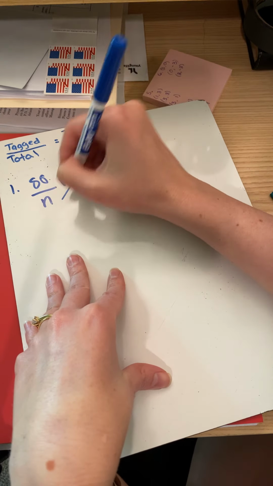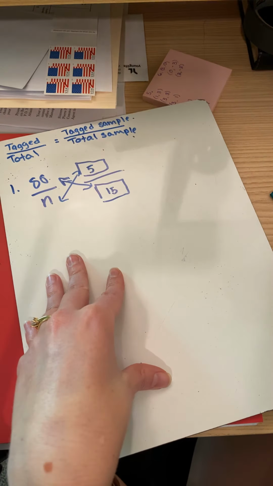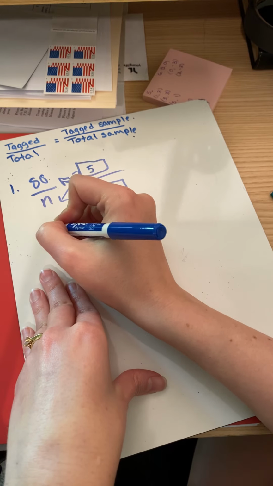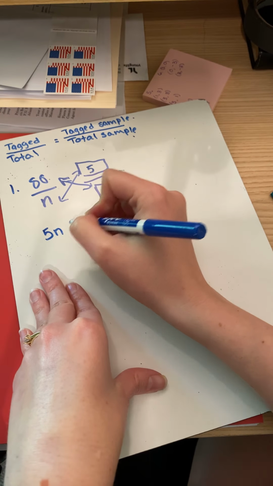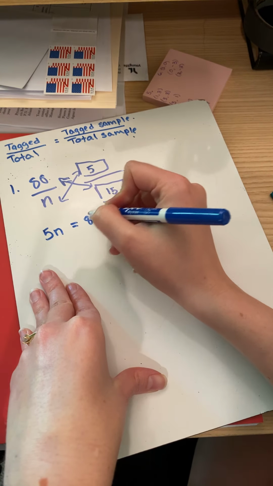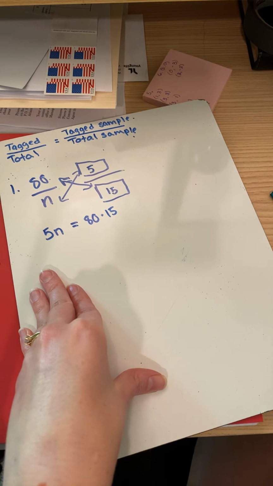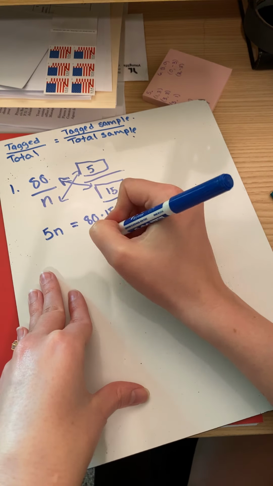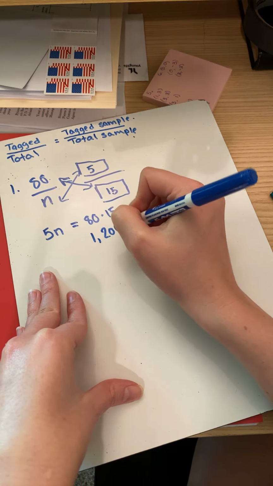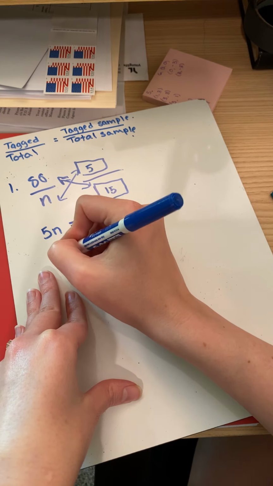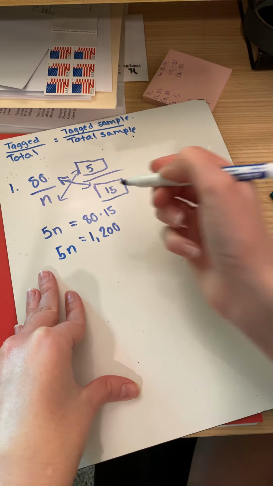80 times 15, n times 5. N times 5 is 5n. Then we have 80 times 15. 80 times 15 is equal to 1,200. And then we'll set that equal to our 5n.